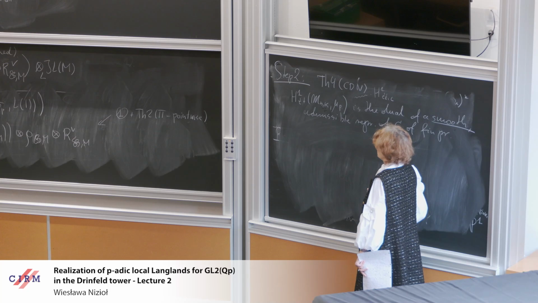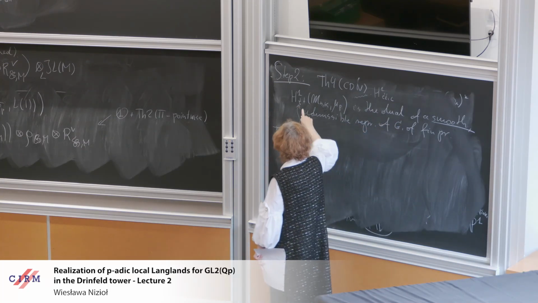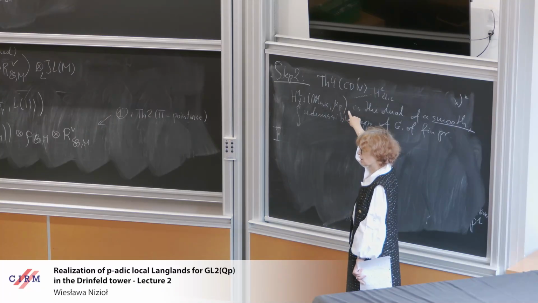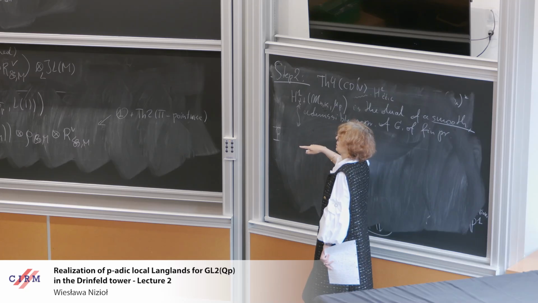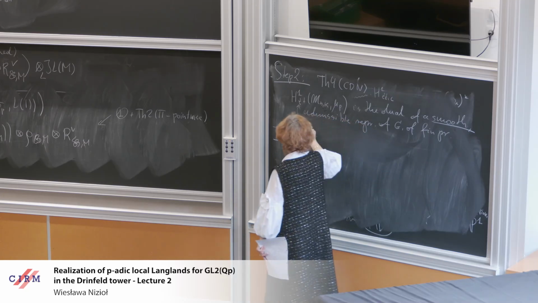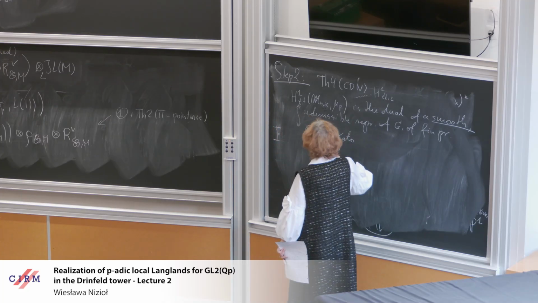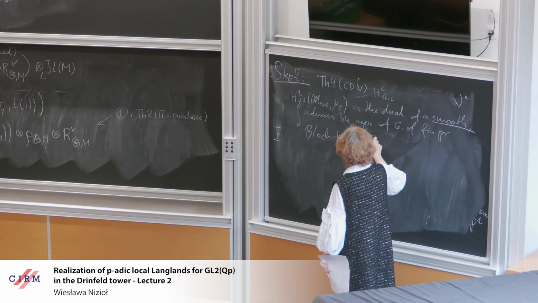But you have to input Bloch-Kato results to it. That is, this can be computed. This is basically computation of p-adic nearby cycles, and p-adic nearby cycles can be computed. They can be filtered by Bloch-Kato.